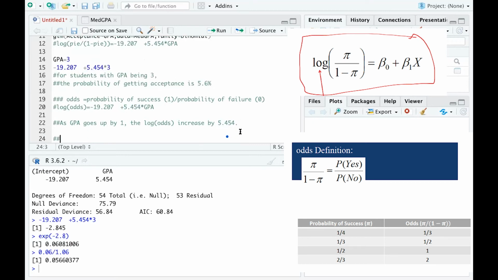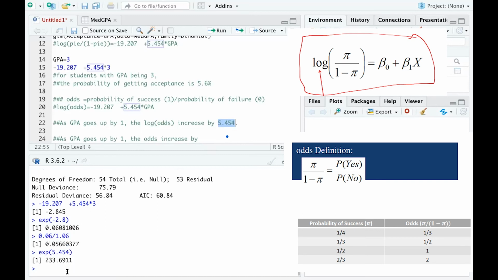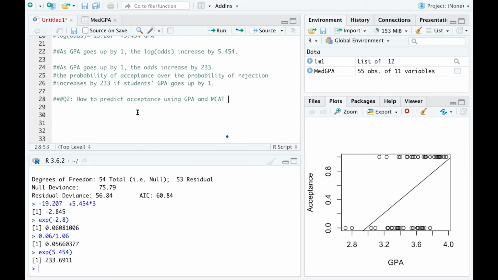And moreover, when GPA goes up by 1, the log odds increase by that amount, so the odds will increase by the exponential of that number, which is 233.